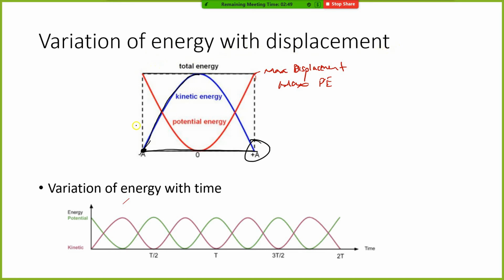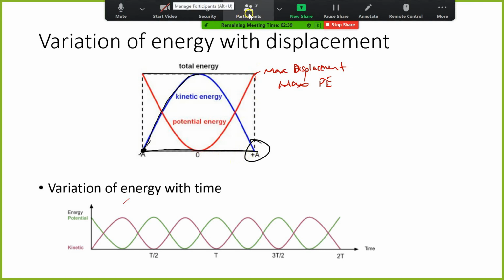This is the variation with displacement graph, and displacement is just from the equilibrium position to the amplitude. Okay, guys? Yes, sir. All right, wonderful.